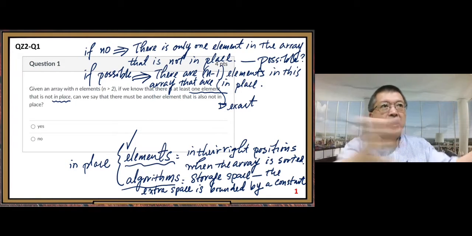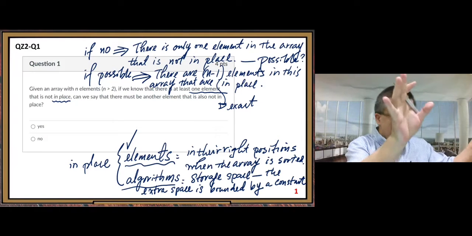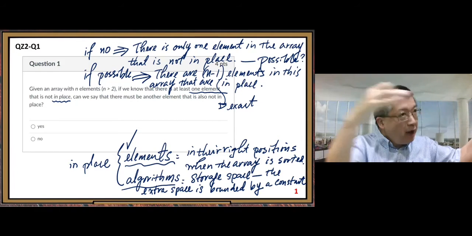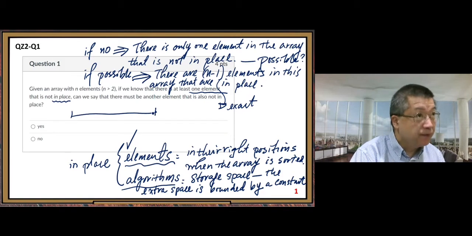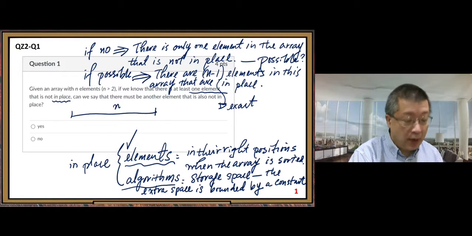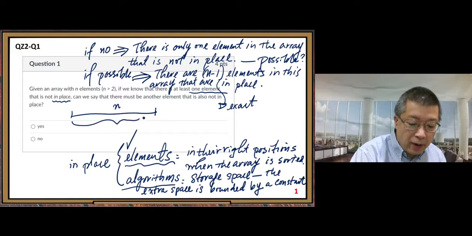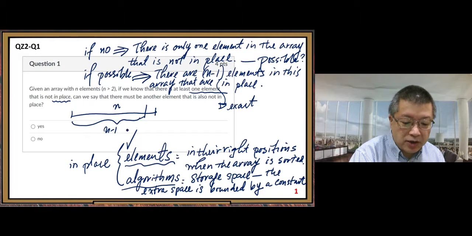Then think about that: in an n element array, the total number is n, but you know n minus 1 are already in place.